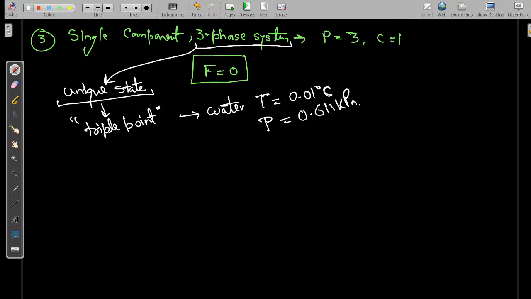Okay, then comes, after that, important points with respect to properties.